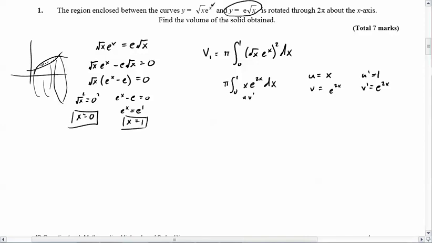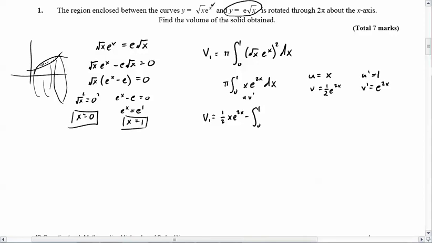But because you've got a linear in the argument there, that's just going to be 1/2, because it's 1 over a. So then I've got my u, v, and u prime, v prime, and so I can just write it out so that v1 is equal to uv, so x times 1/2 e to the 2x, so 1/2 x e to the 2x, minus the integral from 0 to 1 of v du.